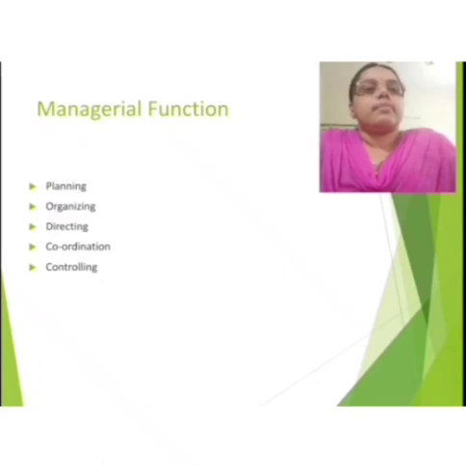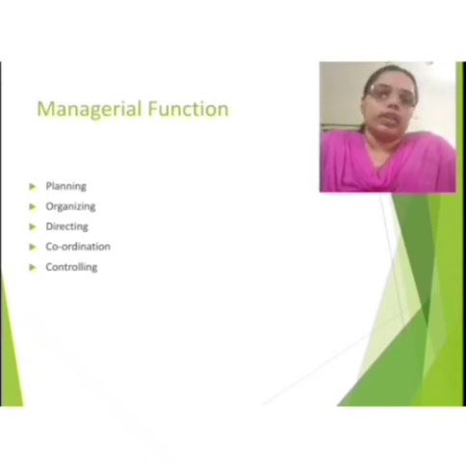The HR manager is to discharge his managerial function in order to achieve the objectives of his department or organization. It includes PODCC, that is P for planning, O for organizing, D for directing, C for coordinating and C for controlling.